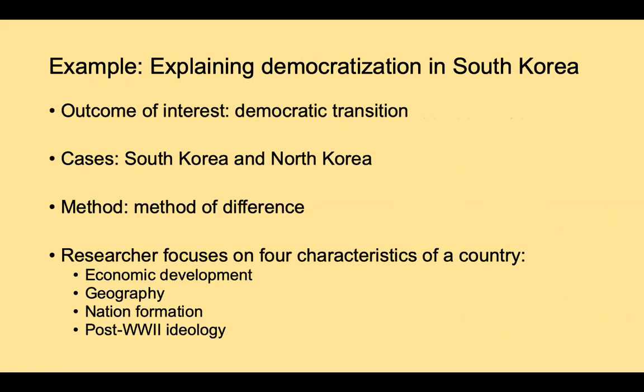Now, in this example, we're going to focus on 4 key characteristics of a country, 4 hypotheses, more or less, that help to explain or can potentially explain democratization in South Korea, but not in North Korea. And those are economic development, geography, nation formation, and post-World War II ideology.